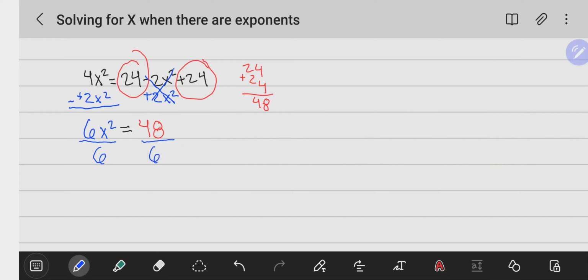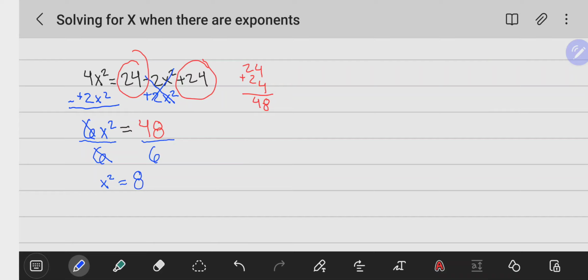So that means that when we divide both sides by 6, we get rid of our 6. And 48 divided by 6 would be 8. So we rewrite this as so. X squared equals, and then 48 divided by 6, which is 8.